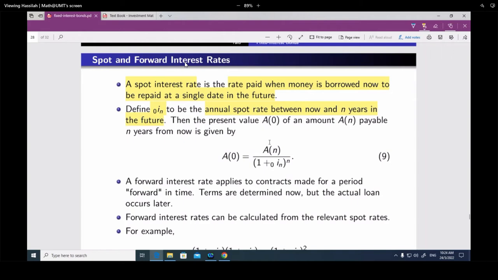So rate ini, kadar ini adalah tahunan, between now and time N. Kita memang simbolkan kosong tu dari segi masa, kosong adalah masa sekarang. Satu adalah in the future dan seterusnya. So now adalah masa sekarang, N adalah future.